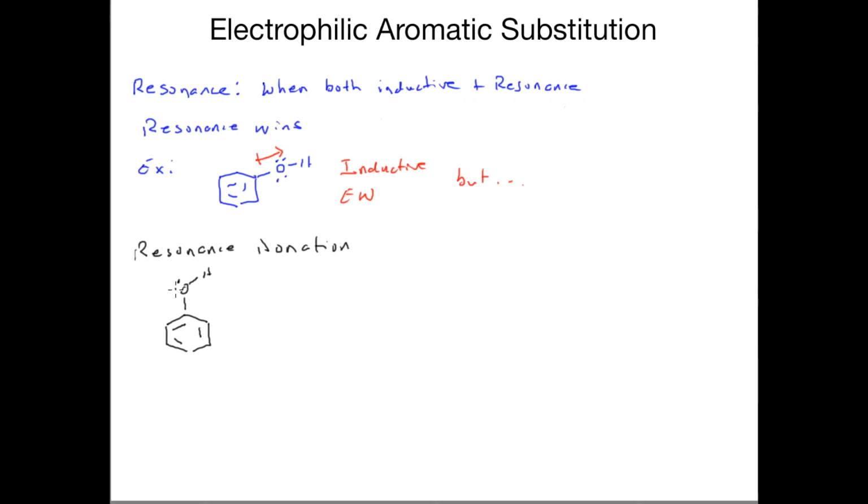So here I have phenol that I'm drawing again, and we have these lone pairs. Now you can take these lone pairs and you can actually push them onto the ring like so, which then forces an extra set of electrons onto the ring, which gives the ring an overall negative charge.